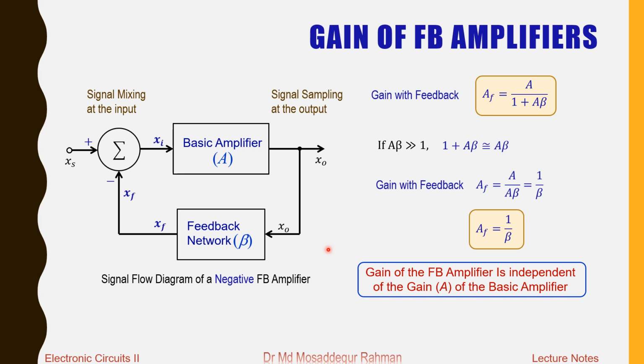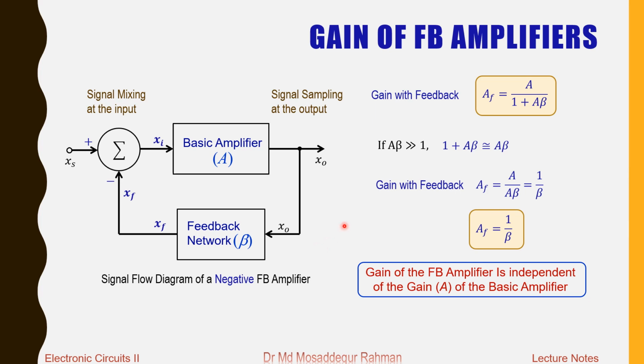A very small change you can have, but that will not affect your output significantly. So you can have a quite stable output, quite stable gain by applying the negative feedback to your amplifier.